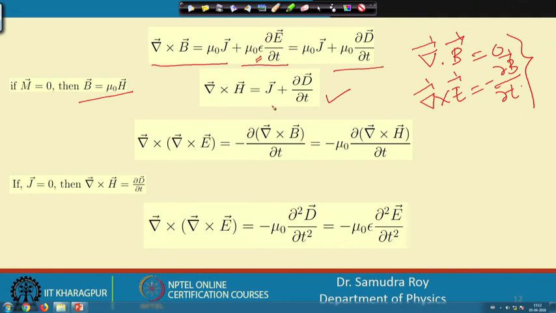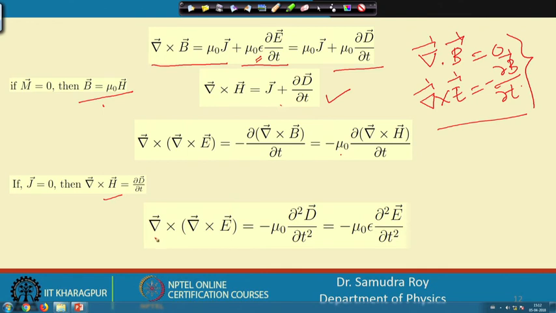Now, go back to our old technique to find the wave equation. So, curl cross E is this equation. If I take a curl over both the sides, then curl cross curl cross E is equal to minus del del T of curl cross B. Curl cross B can be represented with H, with a mu, because they are related to this. And if j is 0 and curl cross H is del D del T, again for j equal to 0, this is the relationship.